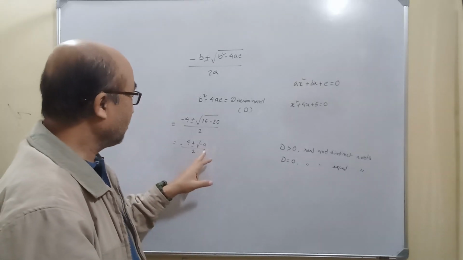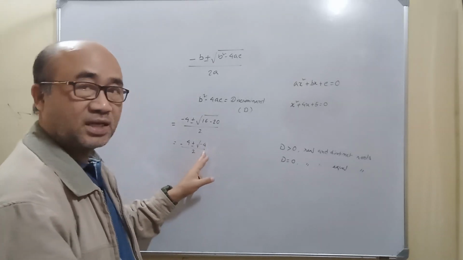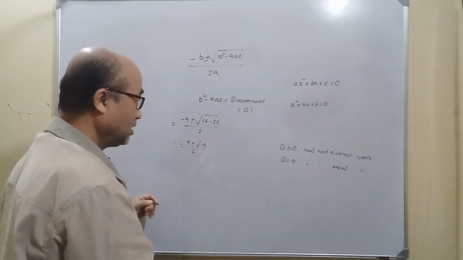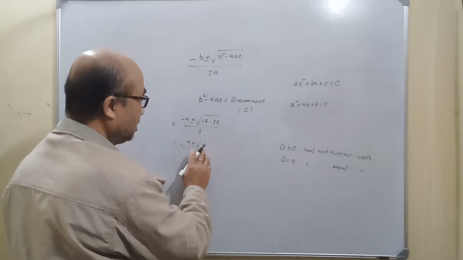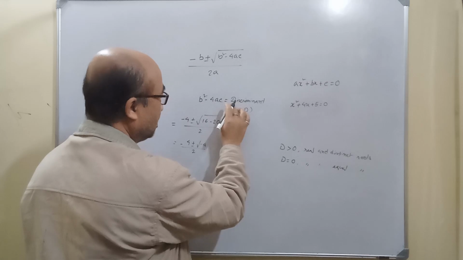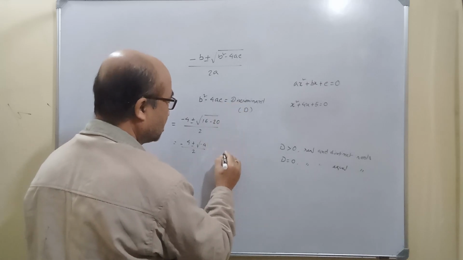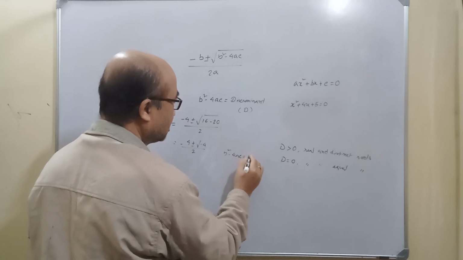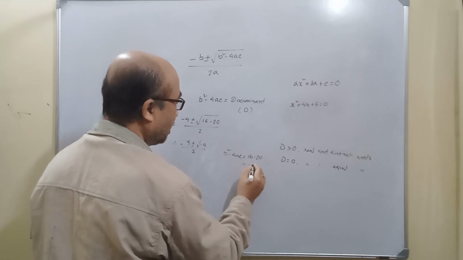If this number, the discriminant, is negative, let me explain it again. You see this number minus 4, we arrive at it by the discriminant formula b square minus 4ac. What is b square? It is 16. What is 4ac? It is 20. We get minus 4.